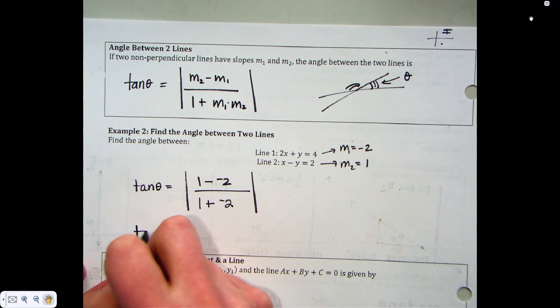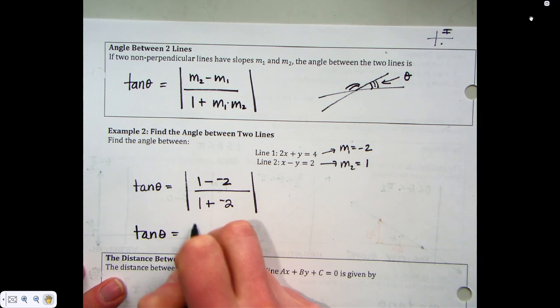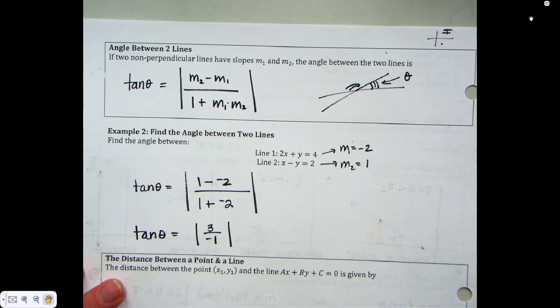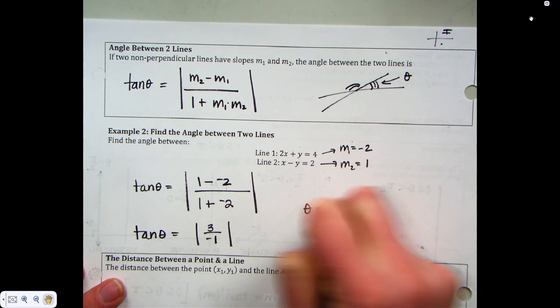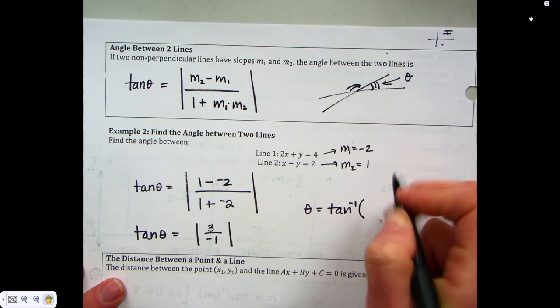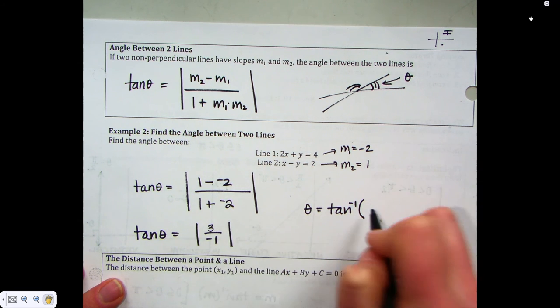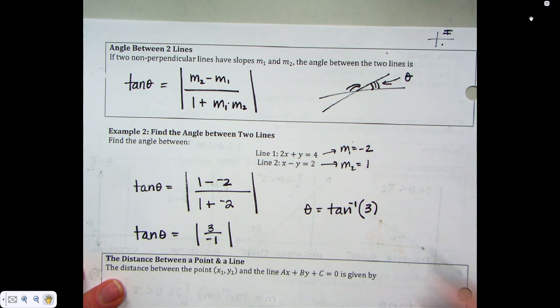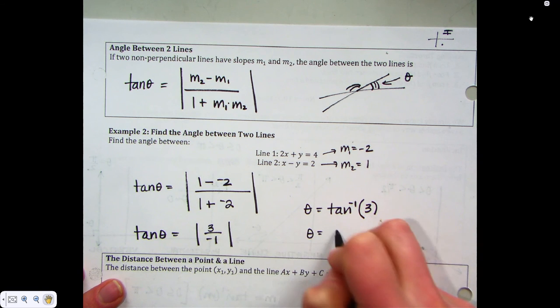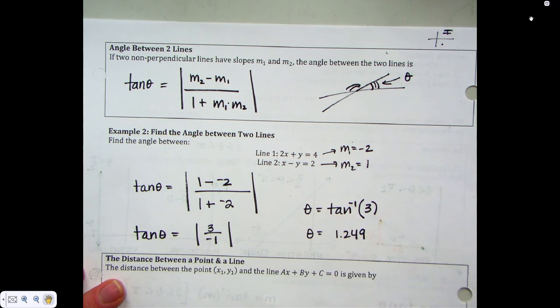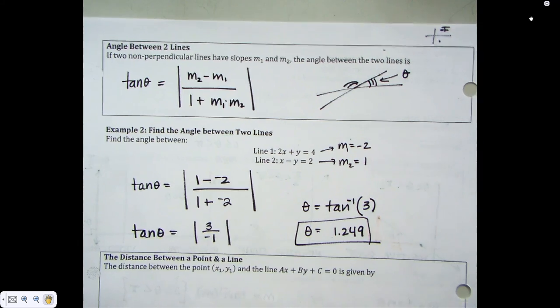That's going to give me tangent of theta is equal to the absolute value of 3 over negative 1, and I will ask my calculator, theta equals tangent inverse of, it would be negative 3, but it's absolute value, so positive 3, and you end up getting 1.249, and that's in radians. So go ahead and you can try those on the homework.